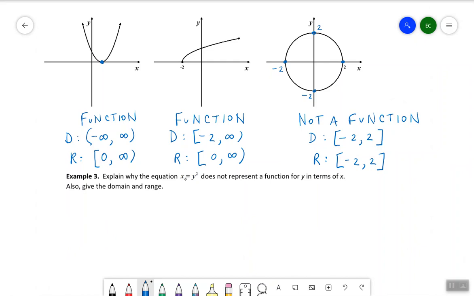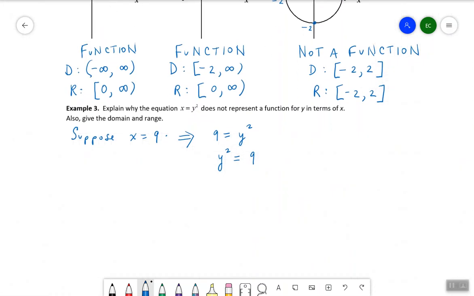One way is just to pick a value for x, right? Suppose x is equal to 9. Well, then doesn't that give us 9 equals y squared? Usually when we try to solve an equation like this, we write the y squared on the left and the 9 on the right. What's the solution?